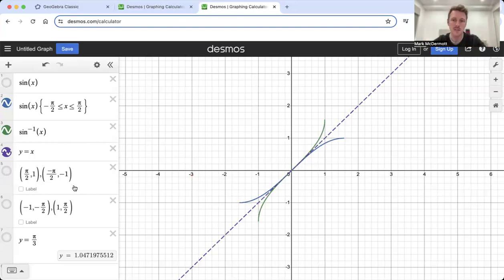We can see, hopefully, that the range is going to be from -1 to +1. And if I label these, you can see that the range is from -1 to +1 for sine inverse, and that's because it's the inverse of our sine x graph between negative pi on 2 and pi on 2. So you can see that the x and the y value endpoints have swapped.